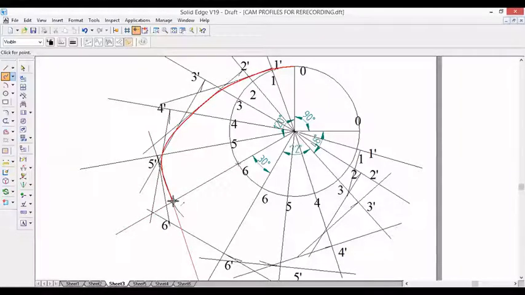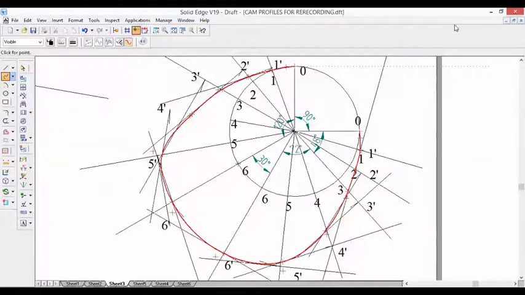So this will be the 6 interior part, the tangent line, and 6 dash interior part, 5, 4, this interior part. So don't worry about the 3 dash somewhere is there and 3 somewhere is there. We are worrying about the interior part of the tangent lines. Back to 0. So this is the required cam profile.